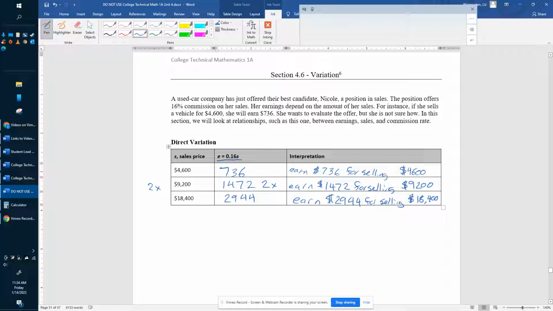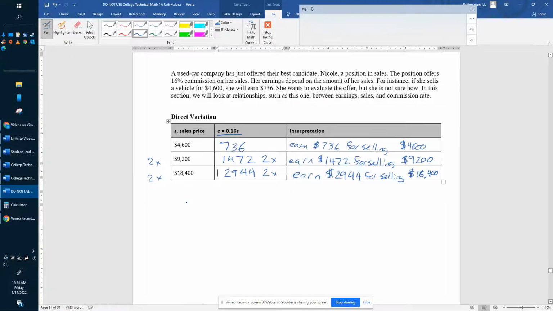If she sold it for 18,400, this is 2 times 9,200. And this 2,944 is 2 times 1,472. So her selling and her earning is increasing at the same rate.